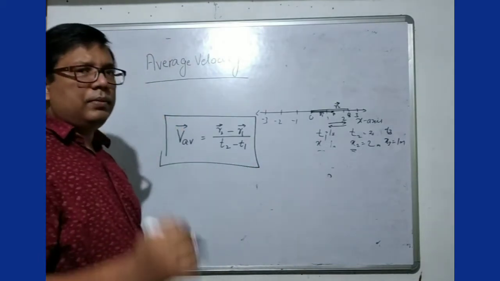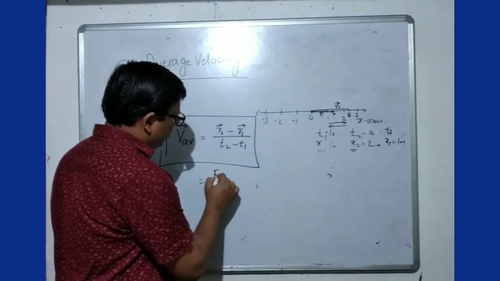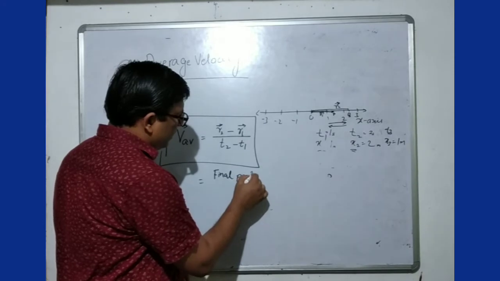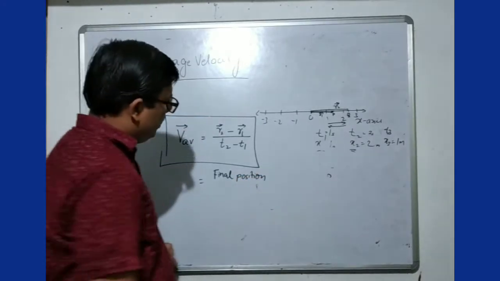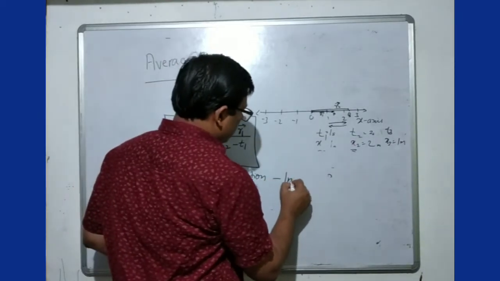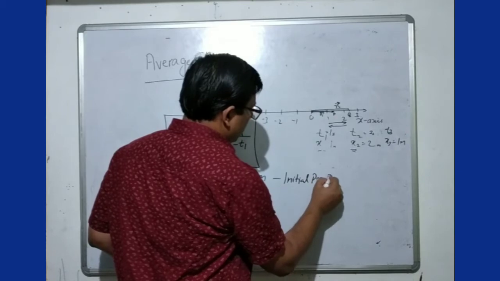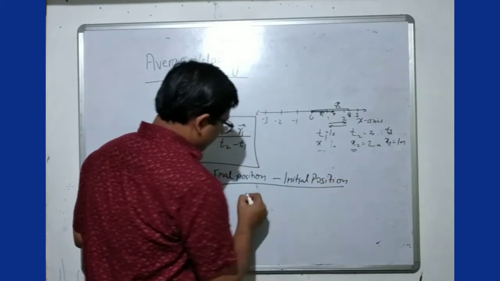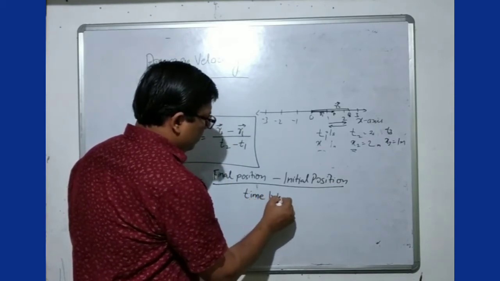But the simplest way to understand this is that when we say position, that simply implies the position vector. So final position minus initial position, upon time interval.